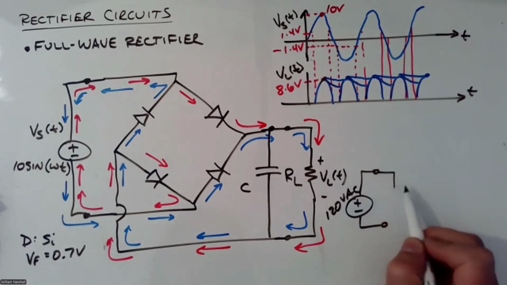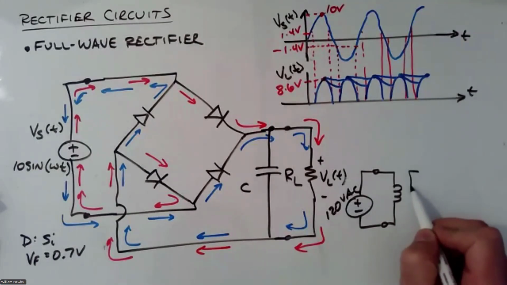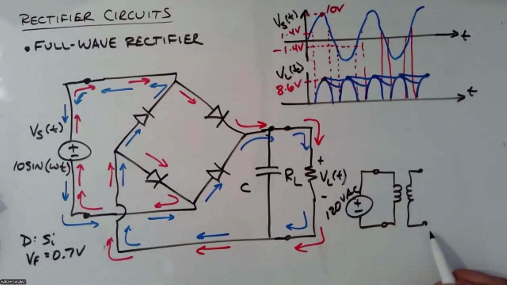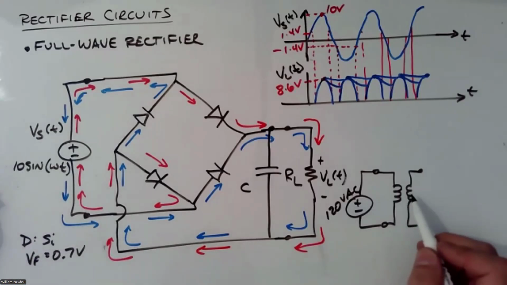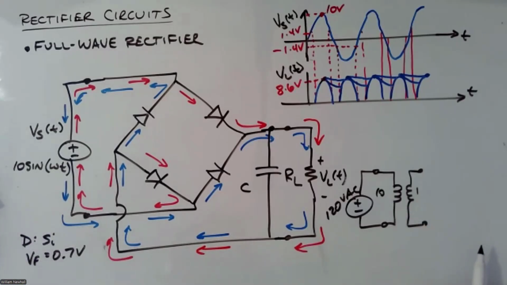Well, what you can do is, and we're not going to talk about these, but you can take a transformer. A transformer transforms one voltage to another. It's inductors wrapped around usually some kind of common core. And if you have a 10 to 1 turns ratio, 10 turns for every 1 turn like this, then if you have 120 volts on this side, RMS, you'll have 12 volts on this side.